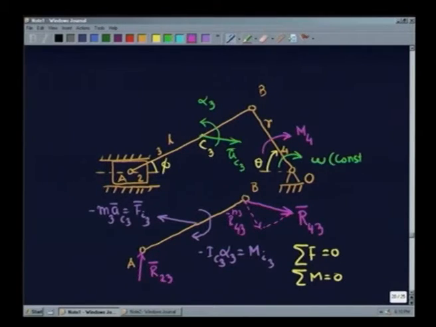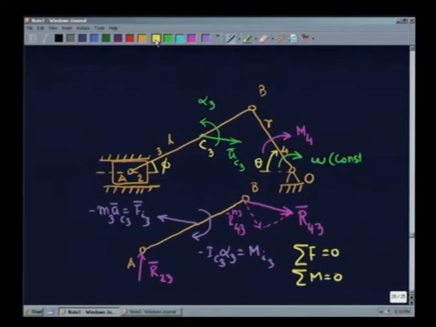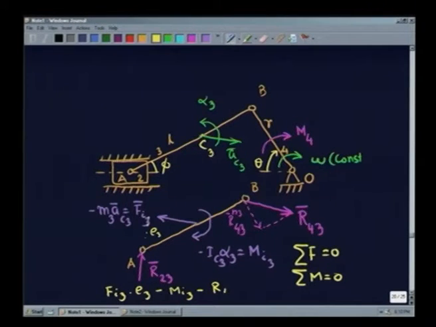How? Taking moment about point A, if this is the perpendicular distance of the inertia force, we can write F I3 into E3 minus M I3 minus R43 normal to 3 into the length of this member, L, which we could consider as L3.